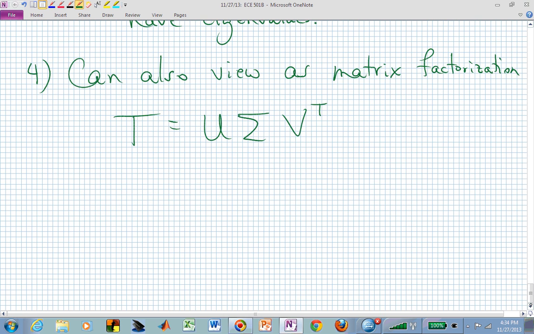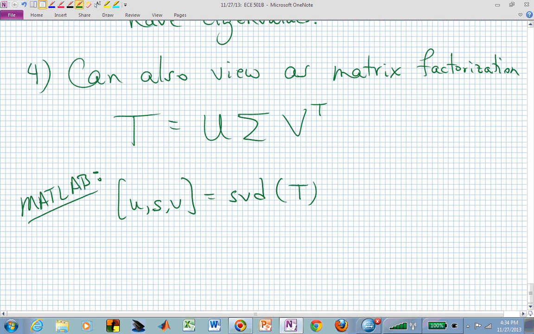I'll probably get it wrong, but you can always do help SVD, and I think that's the functional form of it, but you could say something like U sigma V is equal to SVD of T, and it would then give you these three matrices, U, sigma, and V, where V is the transpose.